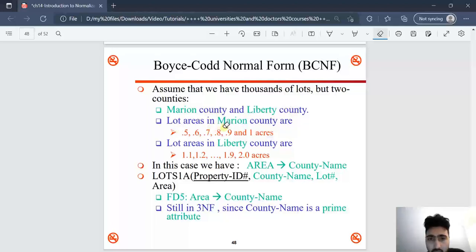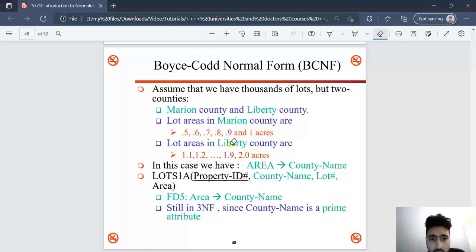All lot areas in Marion County have the areas 0.5, 0.6, 0.7, 0.8, 0.9, and 1 acres. And all lots in Liberty County have areas from 1.1 till 2.0 acres.